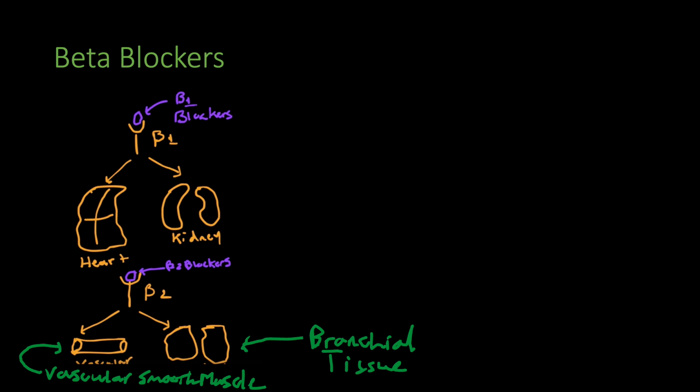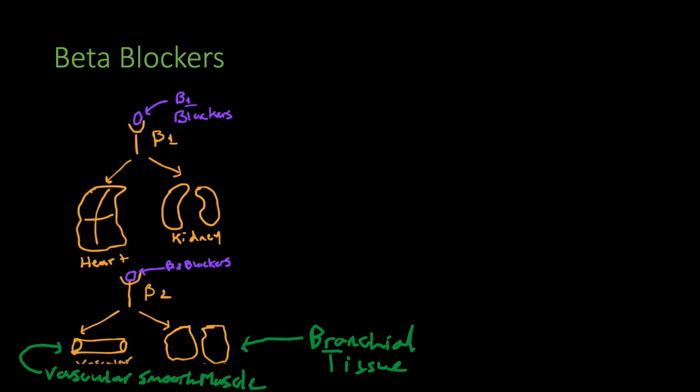Okay. Then the next one I have here is an example diagram of beta blockers. As I mentioned, carvedilol is a mixed beta blocker, so you see it as beta 1, beta 2. When you're blocking the beta 2 receptors, you're also affecting the bronchial tissue, which is part of the lungs, normally helping with the airways.